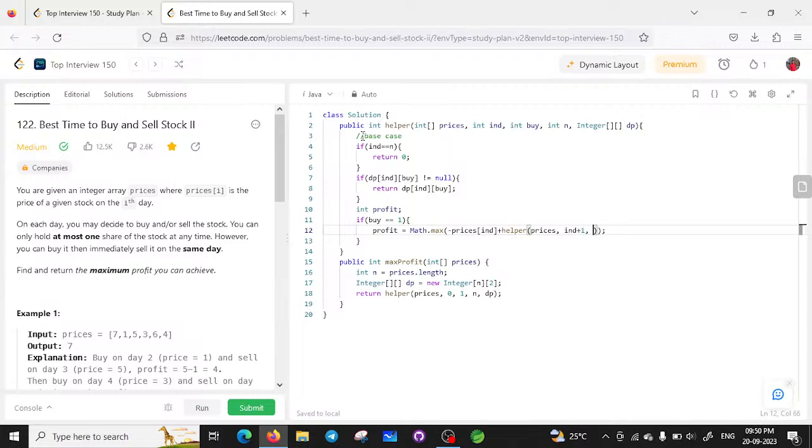Here if we have bought at the index, then buying again we are not eligible, so I'll make it 0, and all the other parameters I'll pass as they are. And next, if you are not buying, the value will be 0, and I'll be calling the same helper function. Inside that, prices, same array and index plus 1, and here we are again eligible for buy.